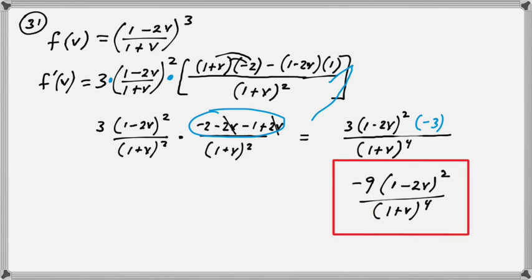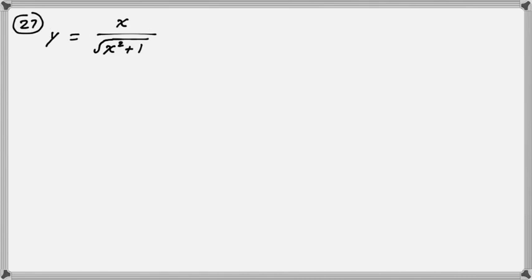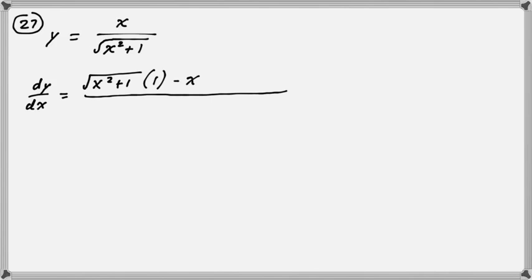Let me check the answer. Give me 1 second. Okay, let's see. After 31, I think I might have gone to 27. 27 is another quotient, so I'm going to do a quotient rule. So here's how I'm going to do it. The bottom times the derivative of the top minus the top times the derivative of the bottom.